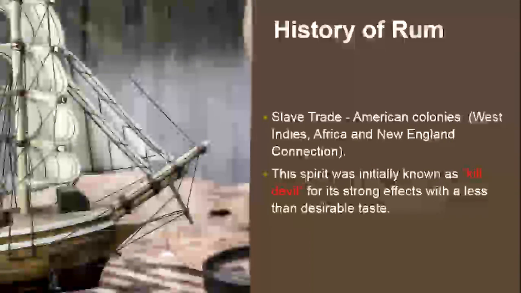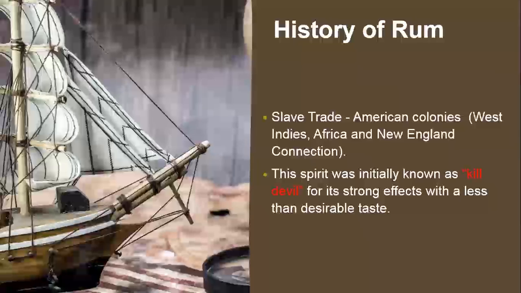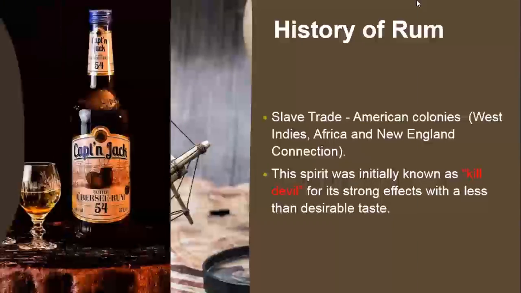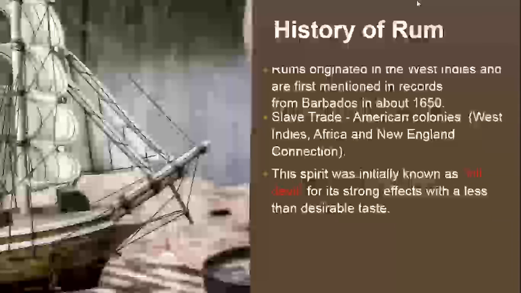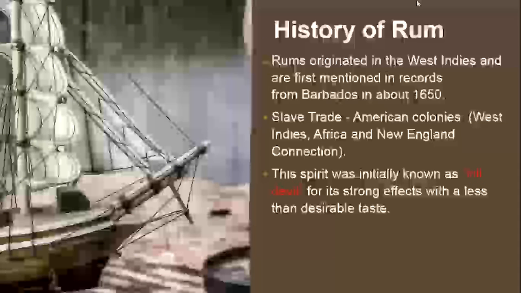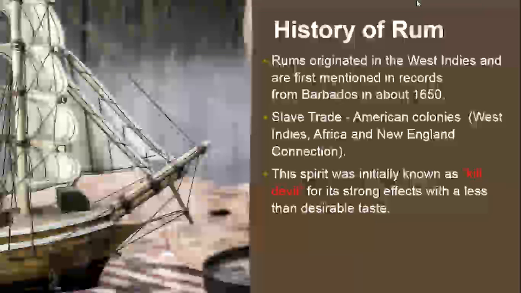Let's take a look at the history of rum. All rum begins with sugarcane. The tall grass plant originated in Asia and was brought via trade to Portugal in the early 1400s.